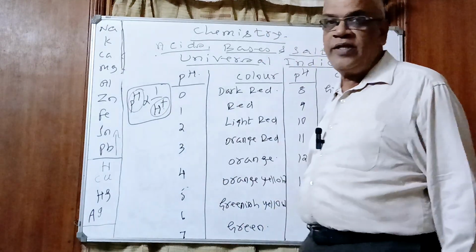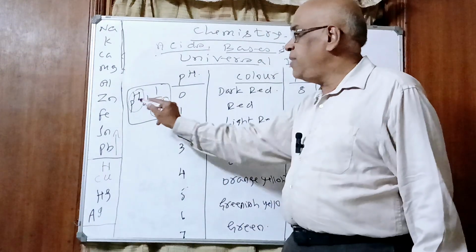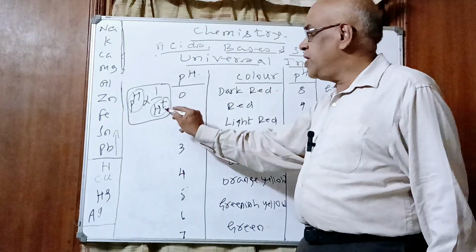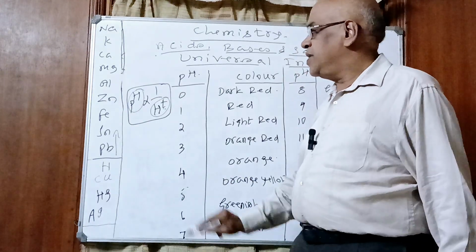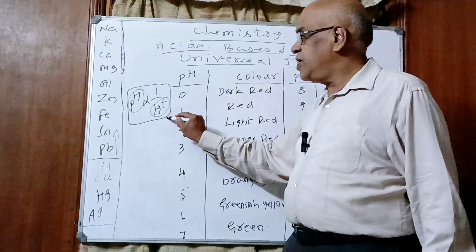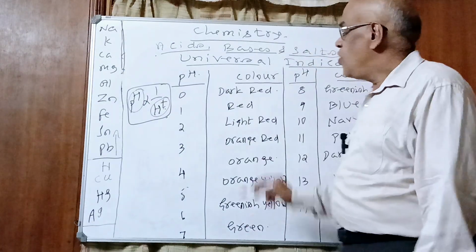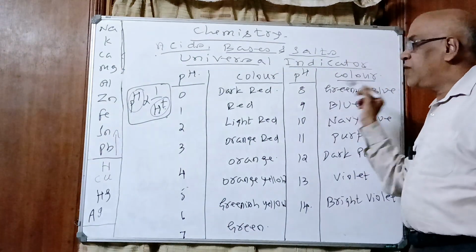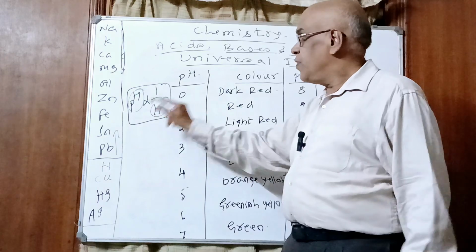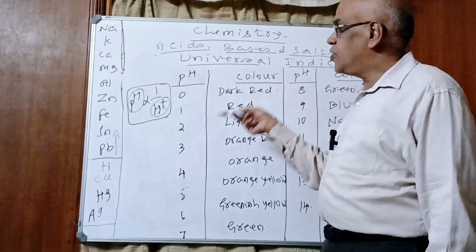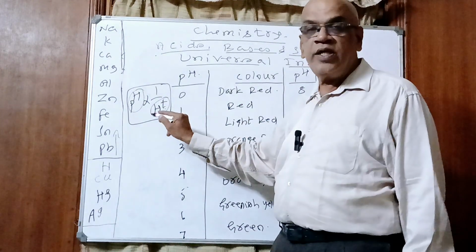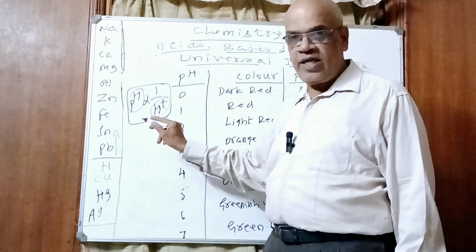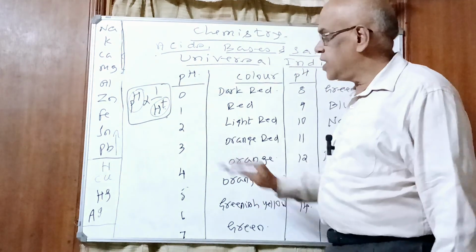Concentration of hydrogen ions. Less hydrogen ion, high pH. More hydrogen ions, low pH. So the universal indicator will show different colors at different concentrations of hydrogen ions, children. This is the concept, don't get confused.